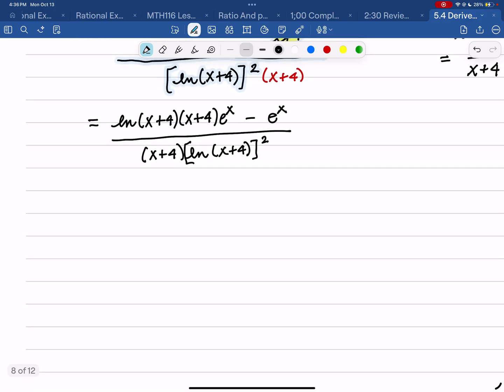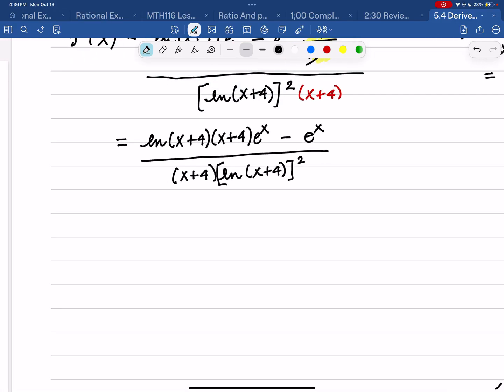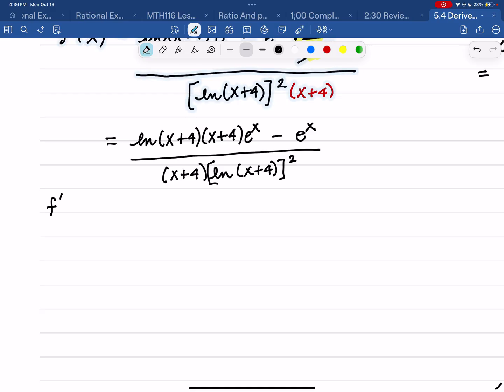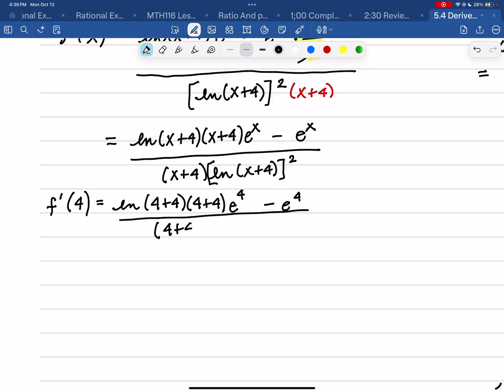Okay, so we're supposed to evaluate this at 4. So f prime at 4 is the natural log of 4 plus 4 times 4 plus 4 times e to the 4 minus e to the 4 over 4 plus 4 times the natural log of 4 plus 4 quantity squared.